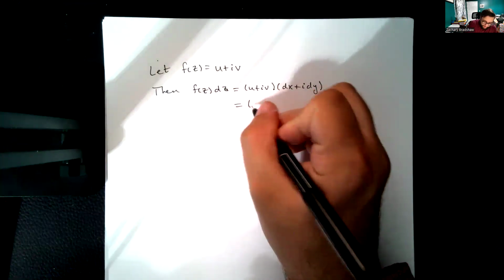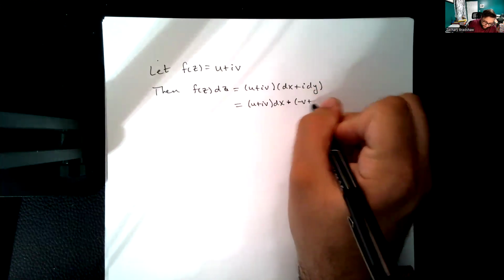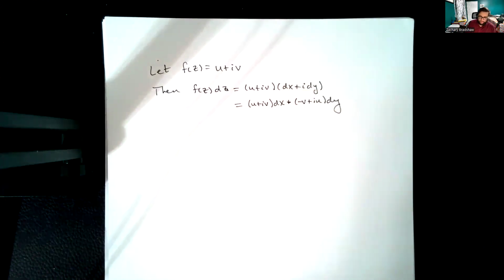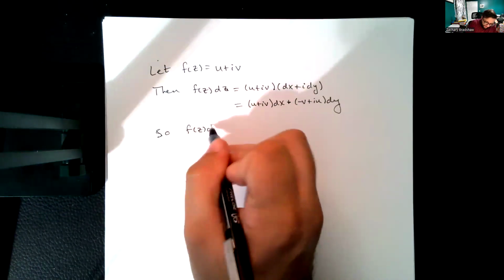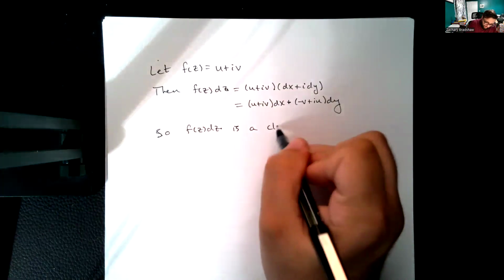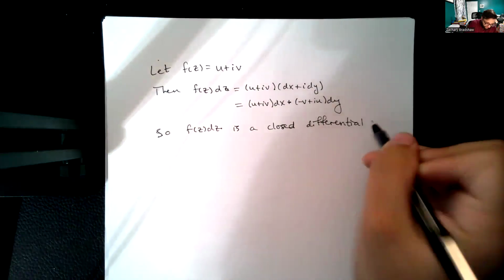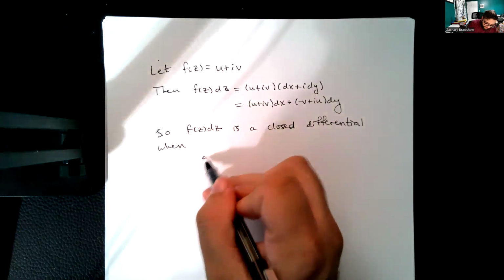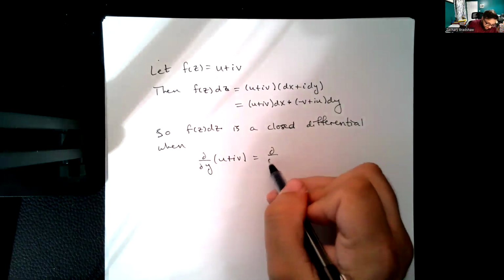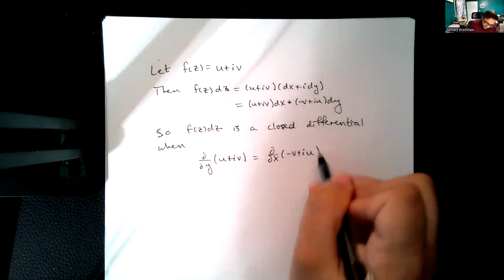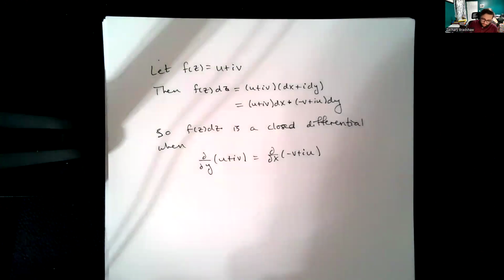And multiplying these guys out, this is (u plus iv) dx plus (minus v plus iu) dy. So we find that f of z dz is a closed differential exactly when the y derivative of (u plus iv) is equal to the x derivative of (minus v plus iu). We derived this condition in an earlier lecture.